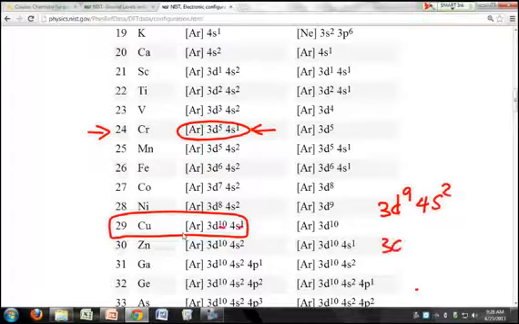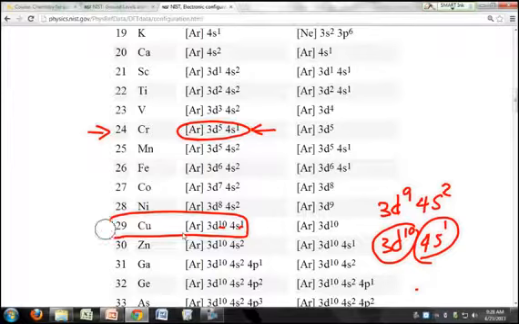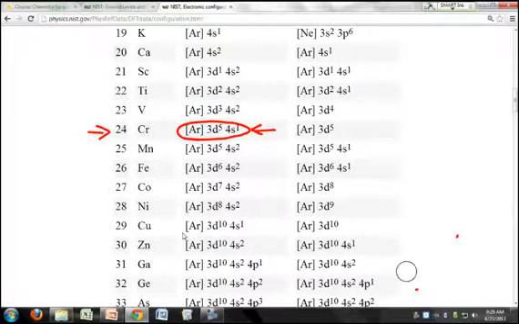So again, shifting an electron from the 4s subshell to the 3d subshell gives you a half-filled subshell in the 4s and a completely filled subshell in the 3d. Now, this explanation doesn't always work though, because there's a few more exceptions where that explanation doesn't seem to hold water. So let's take a look at a few more exceptions.